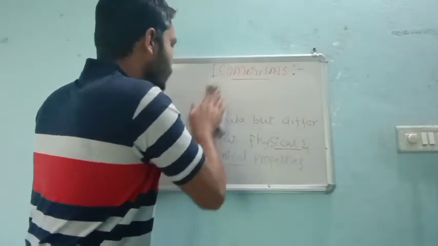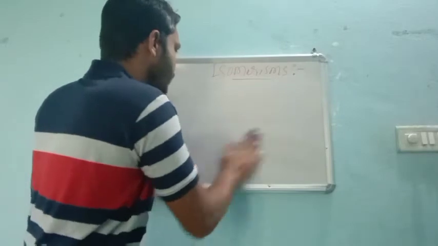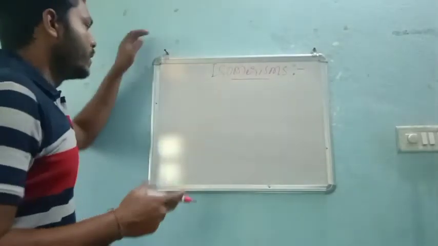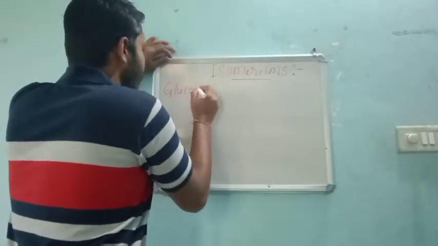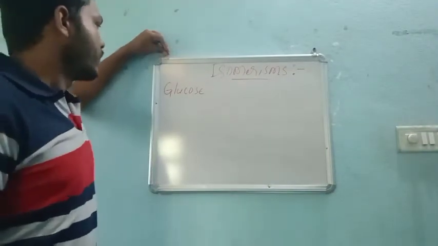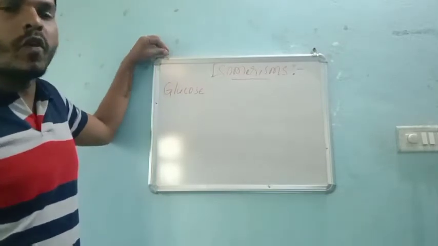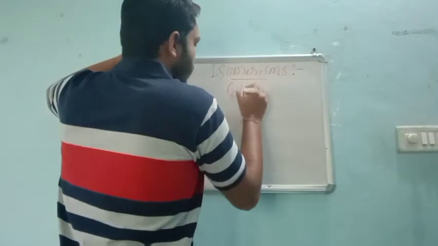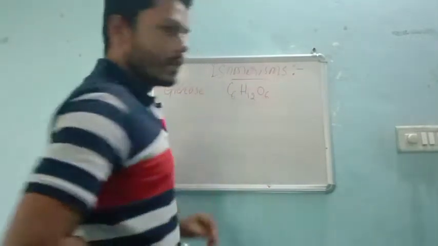So here, students, molecular formula is nothing but very simple. Let us take one example, that is glucose. If I ask you what is the formula of glucose, what will you say? C6H12O6, right?